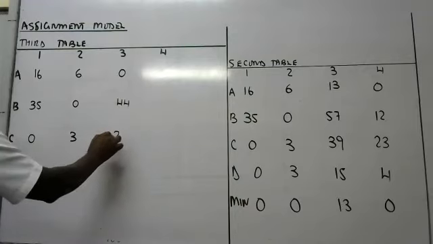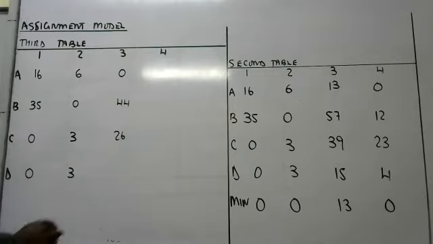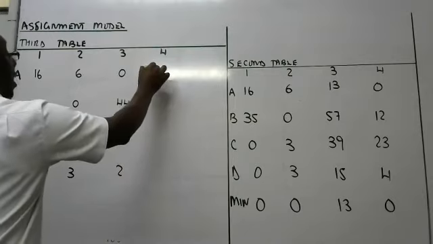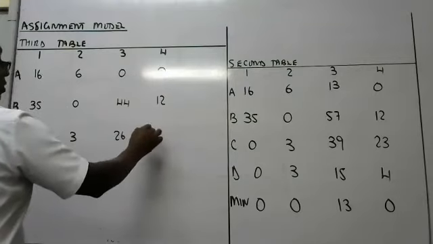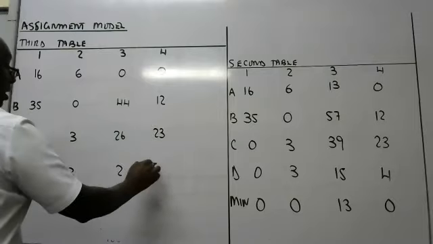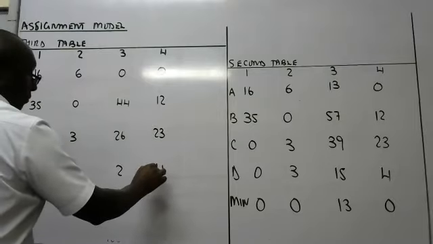This is 26. This is 2. Then we have 0, 12, 23, and 4.